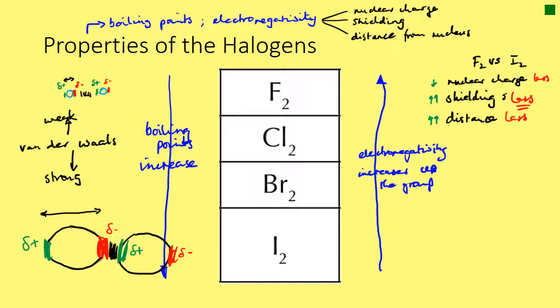Shielding is the word used to summarize the concept by which complete shells of electrons shield electrons that are further away from the nucleus from the nucleus.